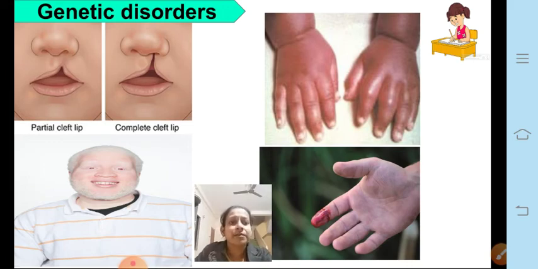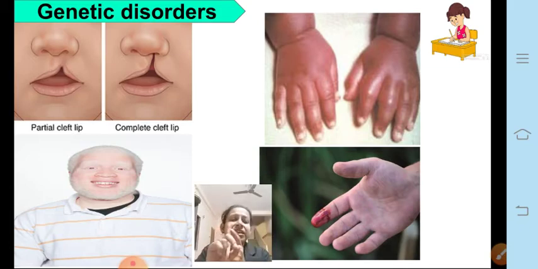Then in the third picture, where you can see the hands of that child, it is called sickle cell anemia, which you are going to study later on. The last figure is of a person with a finger shown with blood. This is also a genetic disorder wherein the blood of that person lacks the ability to clot.